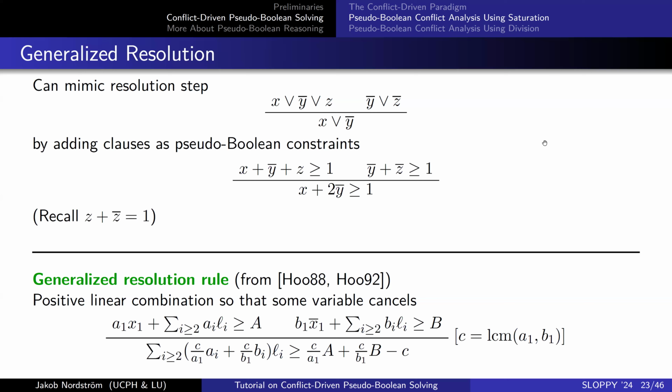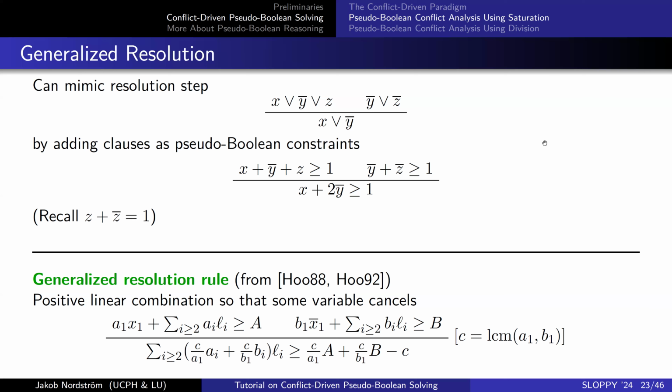Basically, suppose I have one constraint containing x1 positively with coefficient a1, and another constraint containing x1 negatively with coefficient b1. I just compute the least common multiple c of a1 and b1, and I multiply this constraint by c divided by a1, and this one by c divided by b1, and then I just add them up.